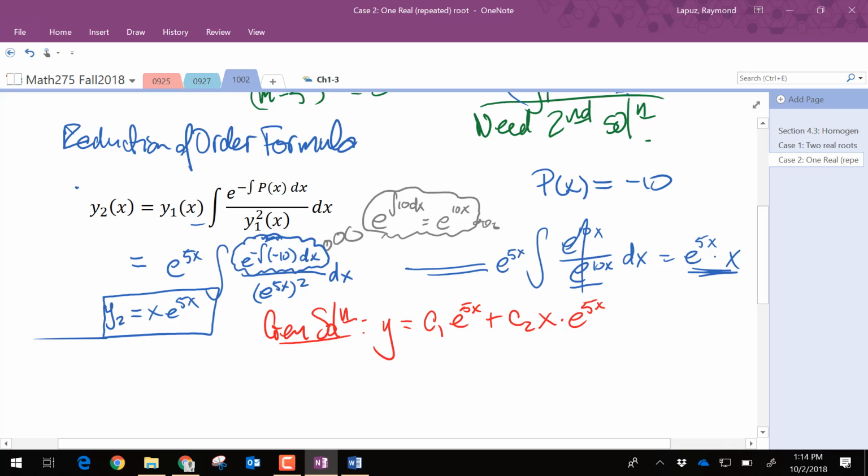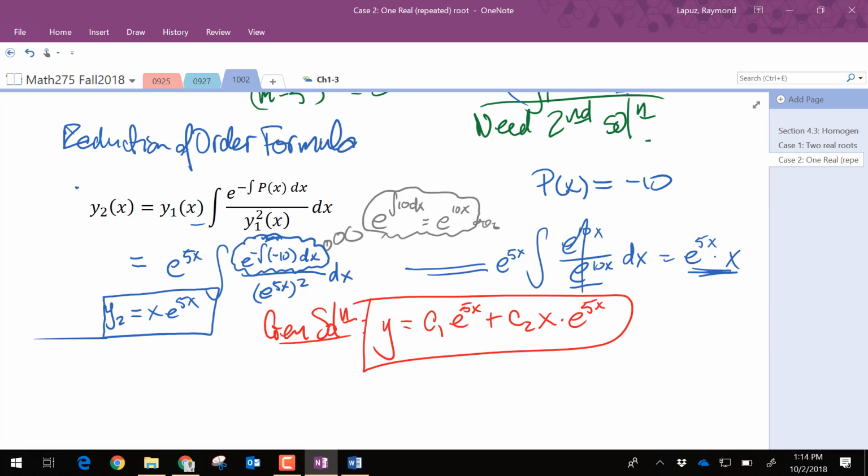And these two fundamental solutions are actually linearly independent. One of them has an x, the other one doesn't. So you can, again, check the Wronskian. You can also take your solution and plug that back into the original differential equation to show that it will work when you take the two derivatives and plug it back in. Okay?